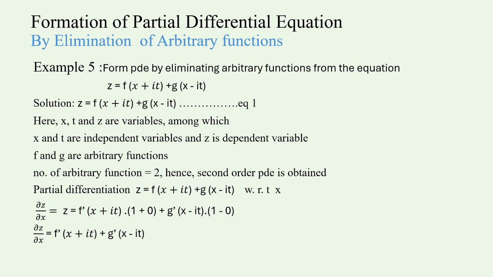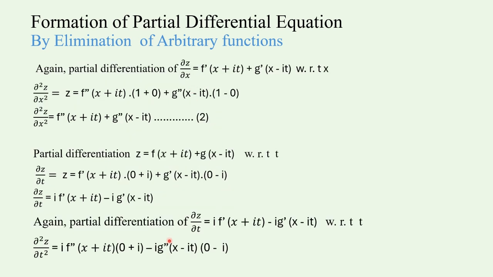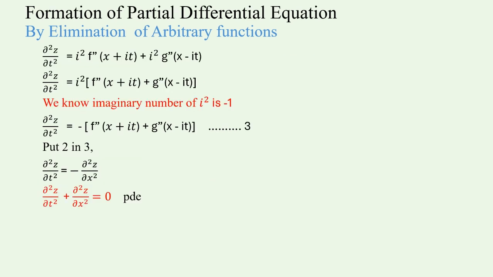The reason I took this example is that here we have to follow the same procedure, but when it comes to i square, we have to just put i square is equal to minus 1. We know the imaginary number i square is minus 1. So when we get this i square here, we have to put minus 1, and the rest is the same procedure. So we get this answer.